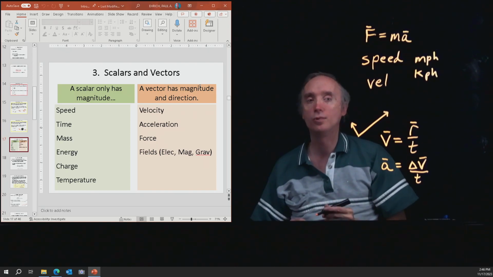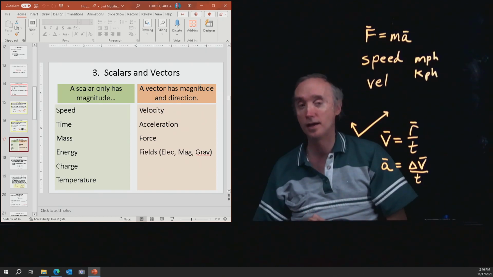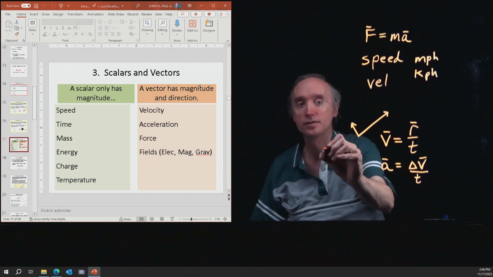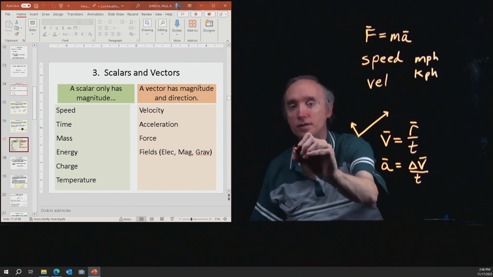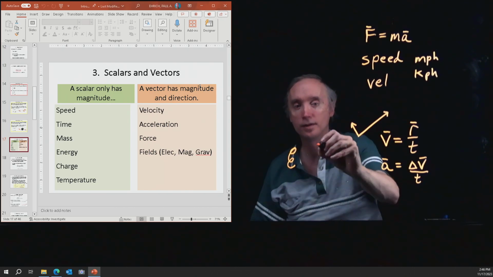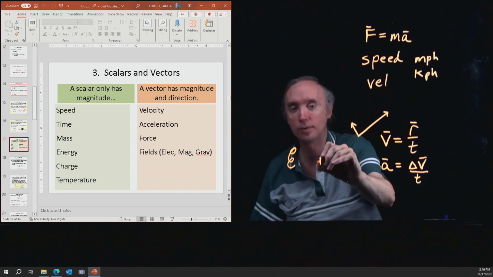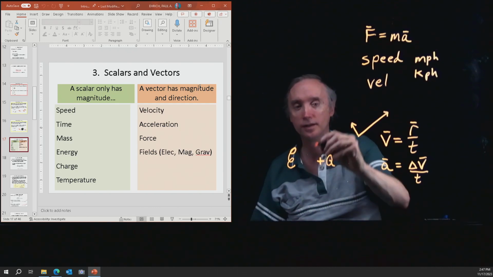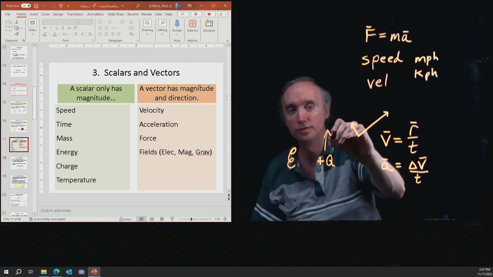And then in a previous episode, we talked about electricity and magnetism. Do you remember that we talked about the electric field? The electric field was given by this symbol here. Let's say it was a positive charge Q, then it had an electric field that was kind of like a pin cushion.